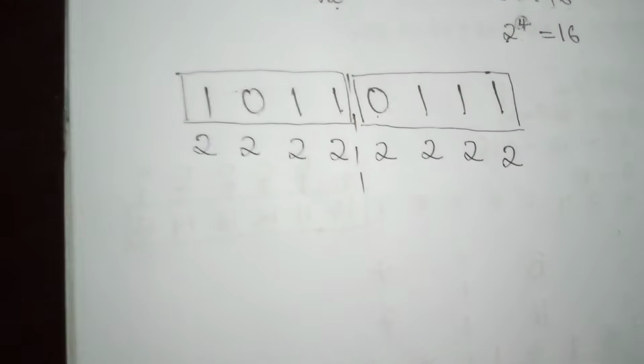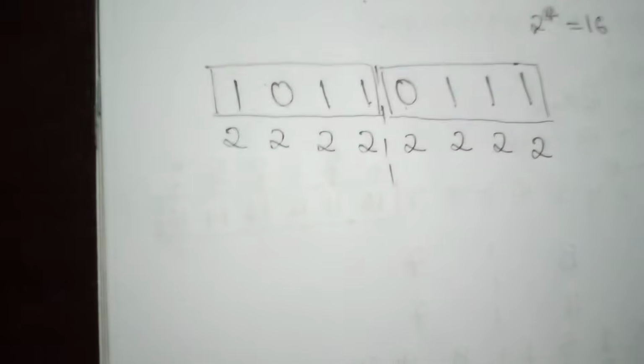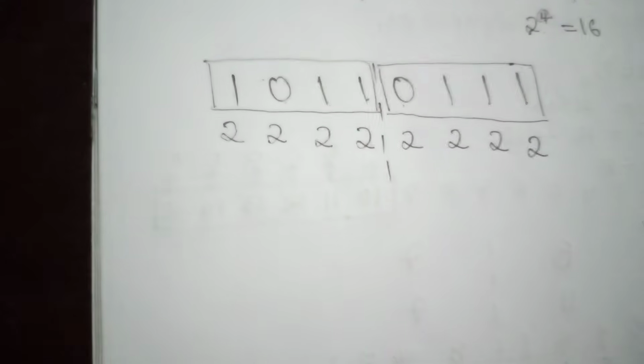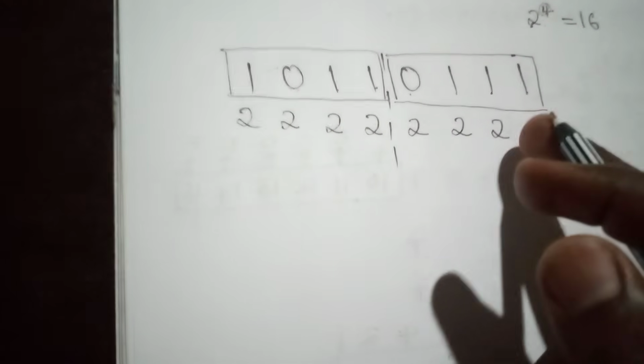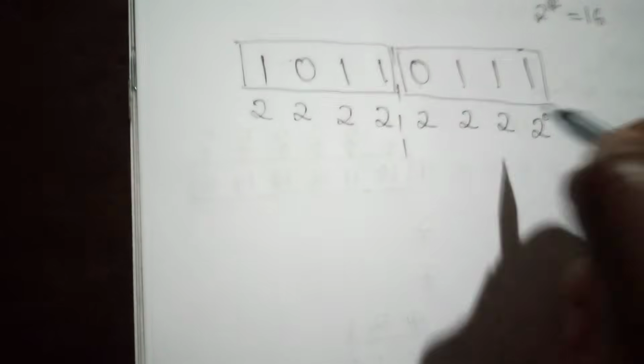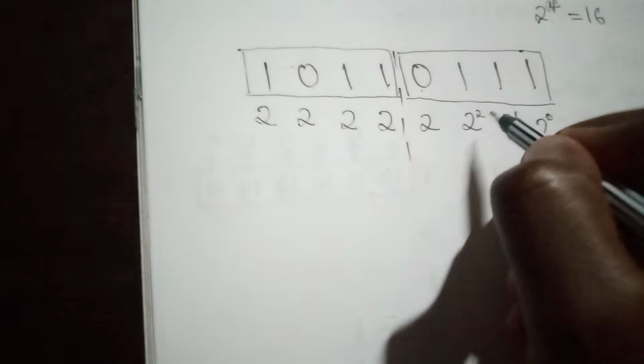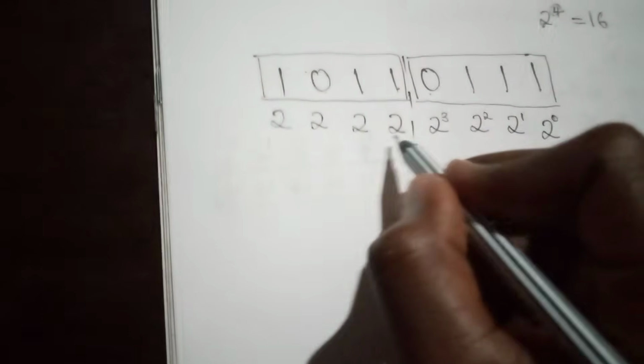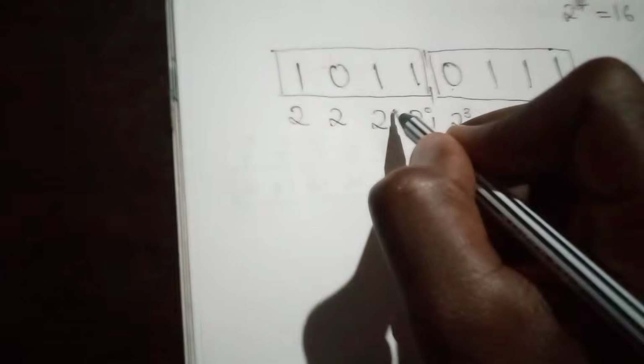The next thing that you are going to do is assign the powers on top of 2, starting from 0, and the power should keep on increasing. So it's going to be 0, 1, 2, 3. Also this part, you start 0, 1, 2, 3.